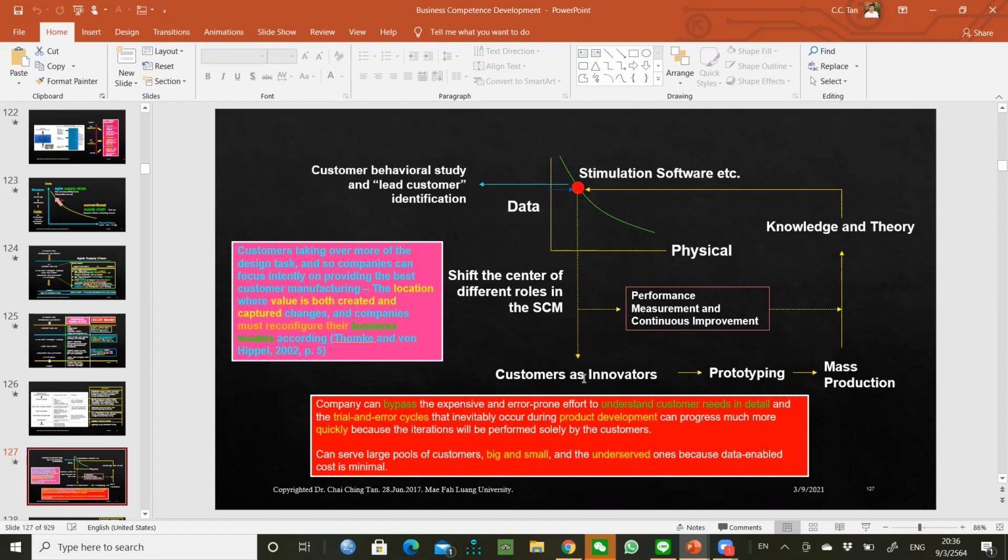Rather than you designing, they can see and adapt themselves, and maybe you can create some applications so that they can easily customize themselves. So customers become your co-creators. You shift your innovation responsibility to the customers. The customers will then do some prototypes, and maybe the prototypes, through the applications and sensor products, send a design blueprint to the machine, right?